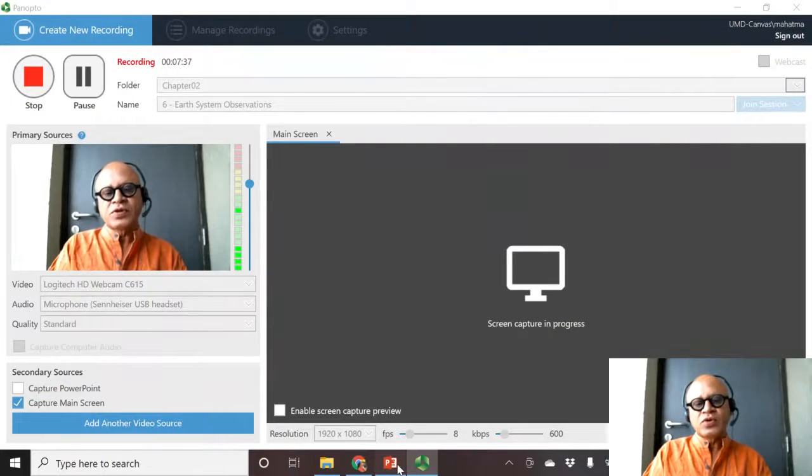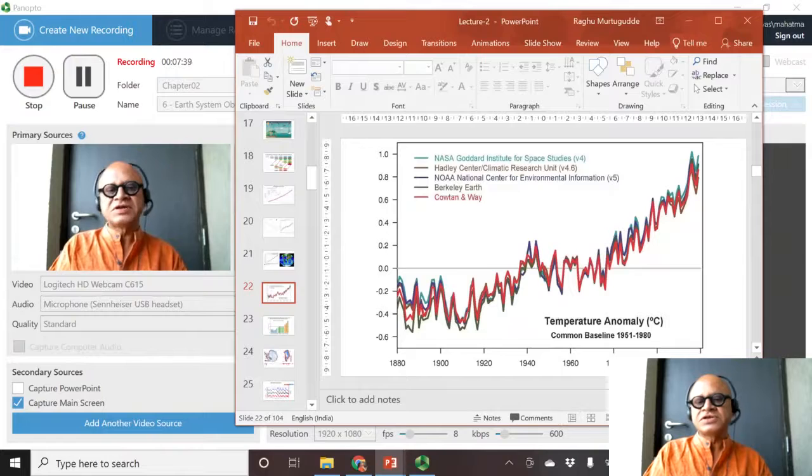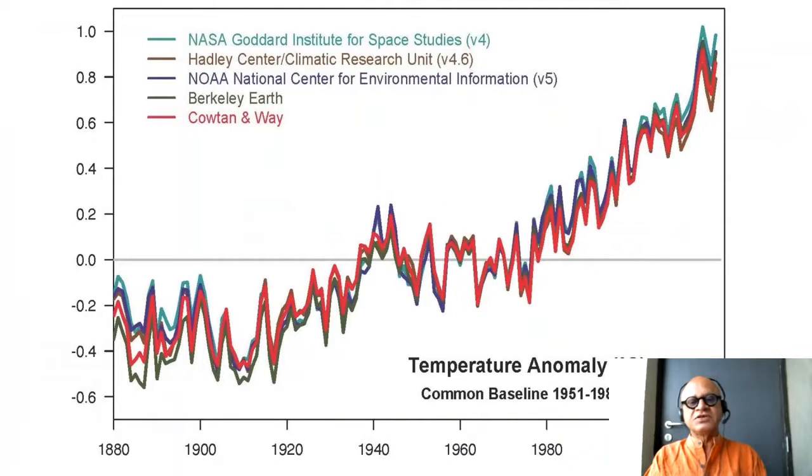The other important Earth system observation, of course, is the global mean temperature increase, and these are various products from different centers: NASA Goddard, NOAA, Hadley Center in the UK, Berkeley Earth Project, and so on. And you can see that all of them show anomalies with respect to the base period of 1951 to 1980.